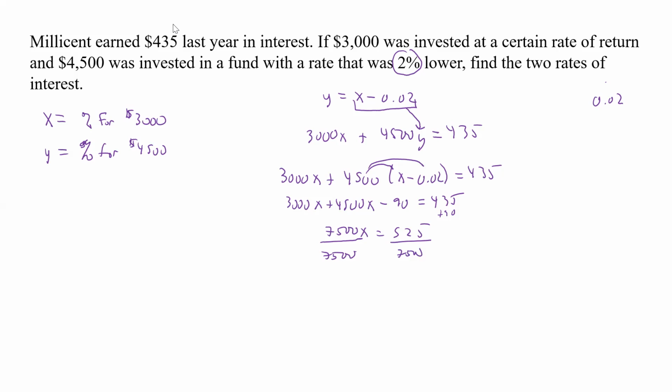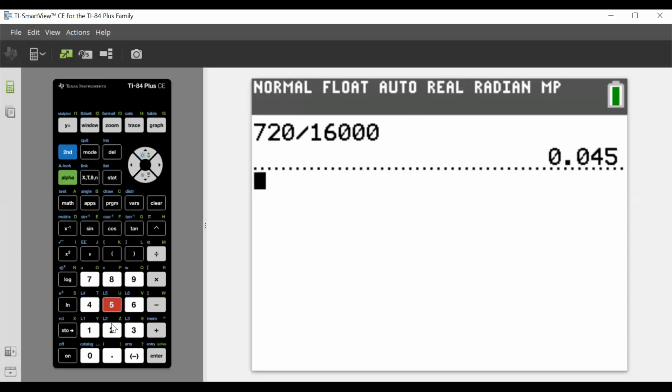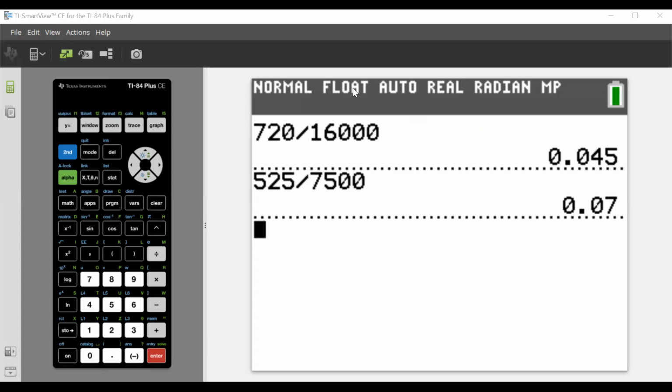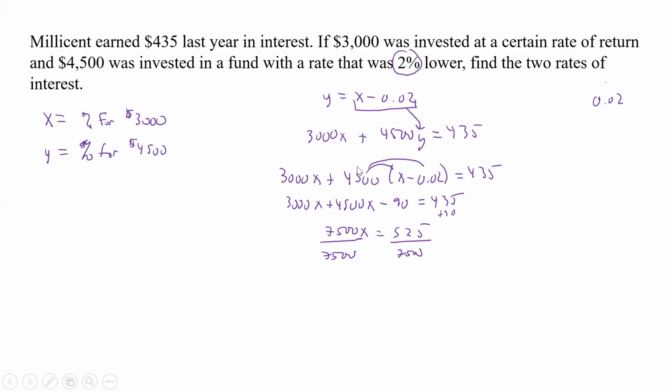So 525 divided by 7,500, and we get 0.07. And 0.07 is going to be what my X is. And that's 7%.